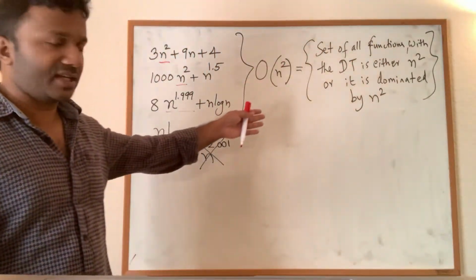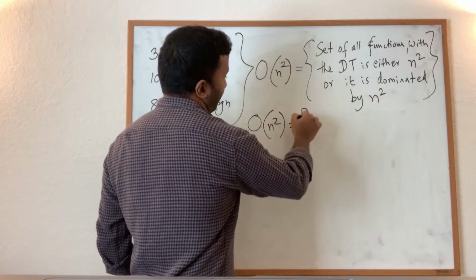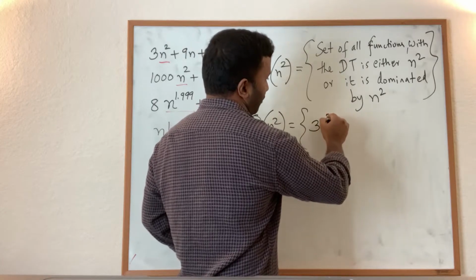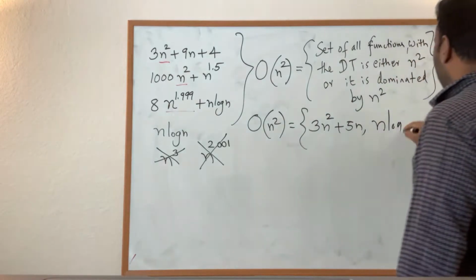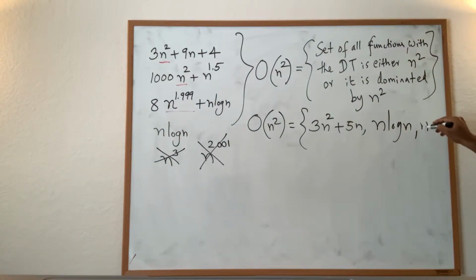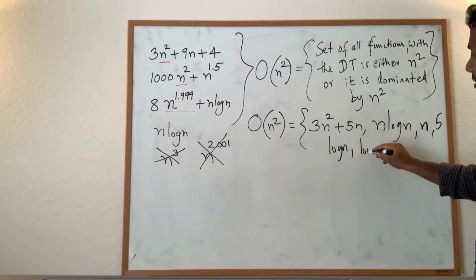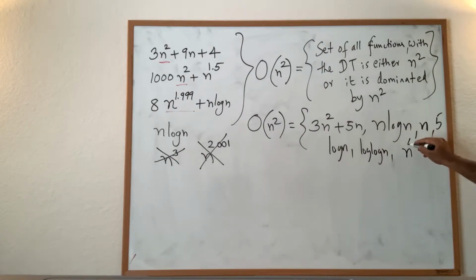That was still a specific example. Just for illustration, this is a set of all such functions. n log n can be here, n can be here, a constant, let's say 5, can be here, log n can be here, but n to the 4 cannot be here, 2 raised to n cannot be here, etc.